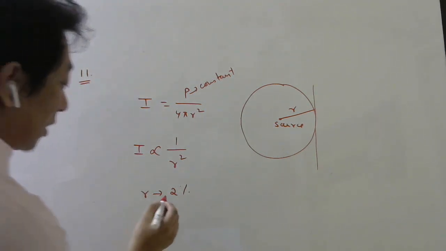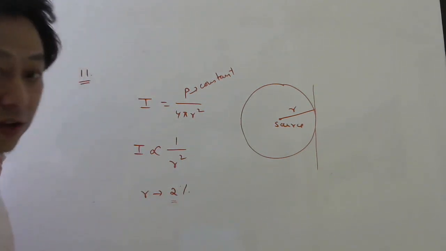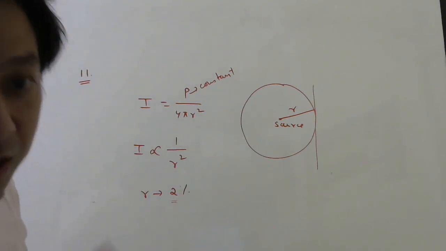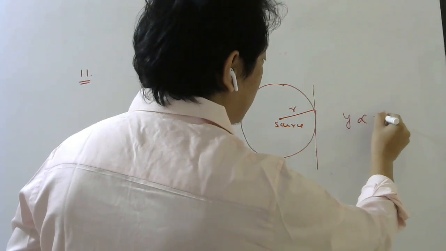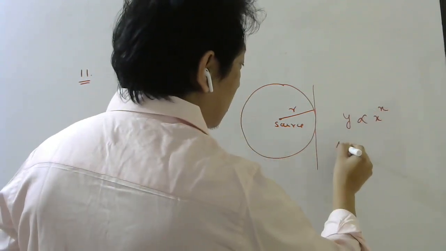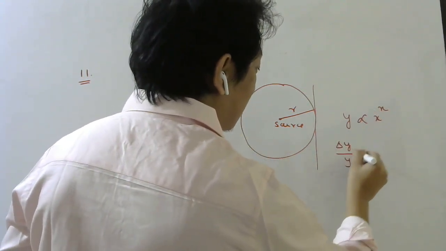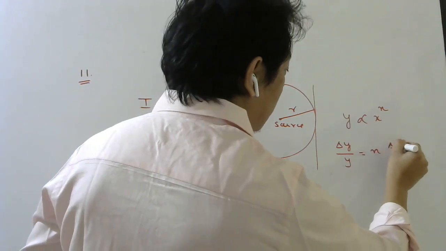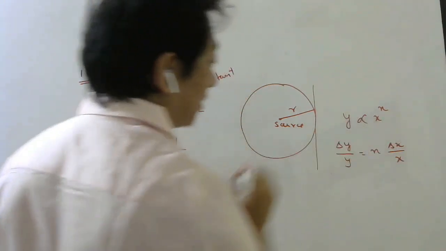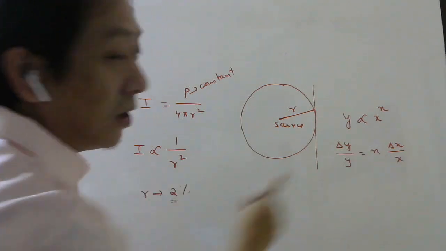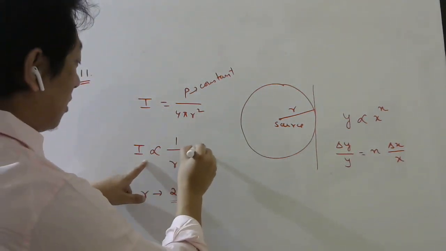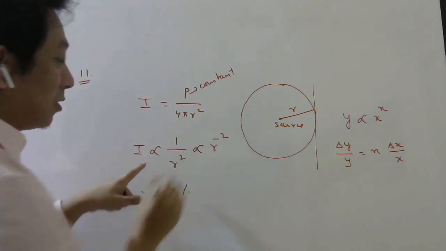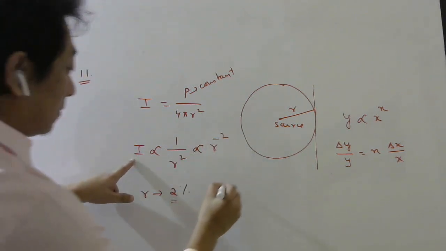Since the percentage change is very small, you can use the error formula. What is the error formula? If y is proportional to x power n, the relative change can be written as n into the relative change in x. Then you can multiply by 100 to make it a percentage change. So here I is proportional to r power minus 2.